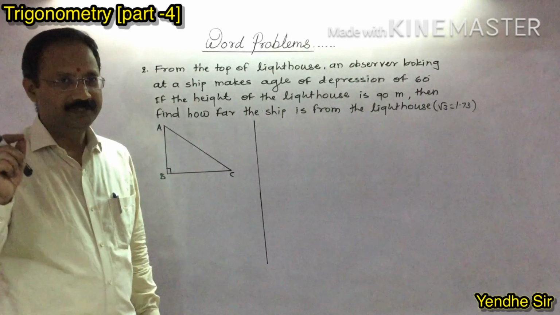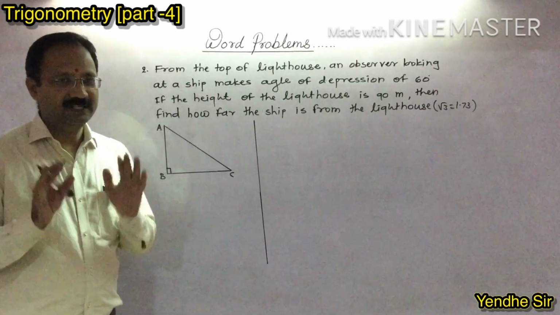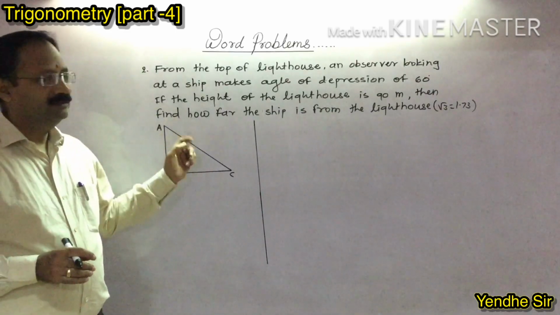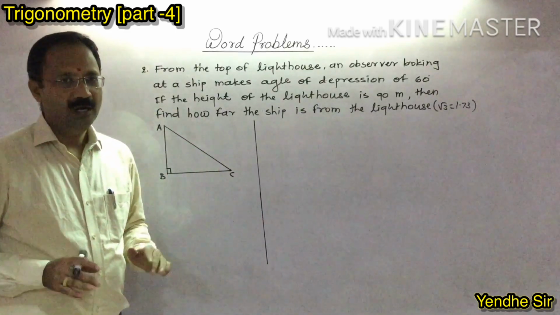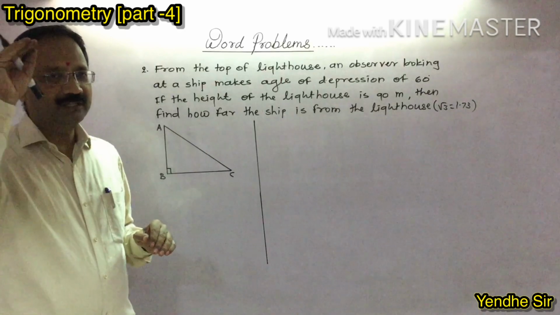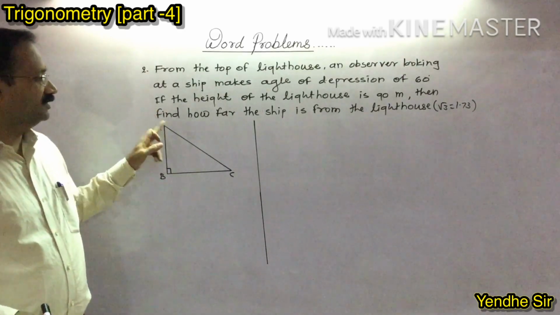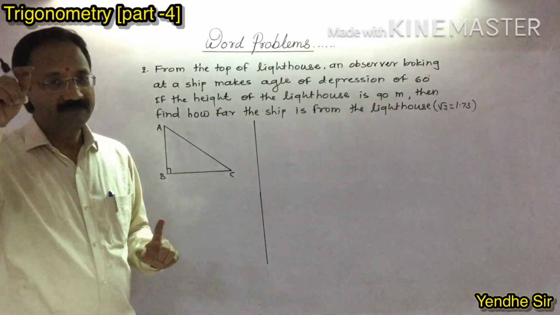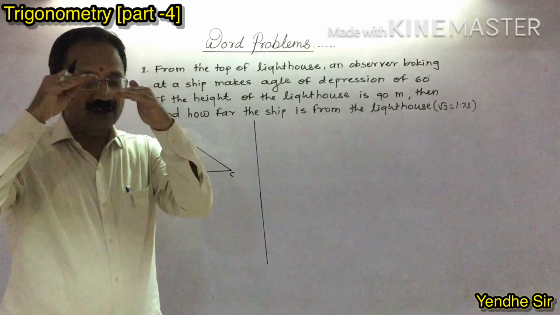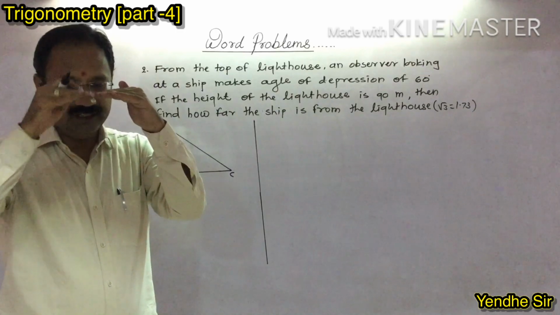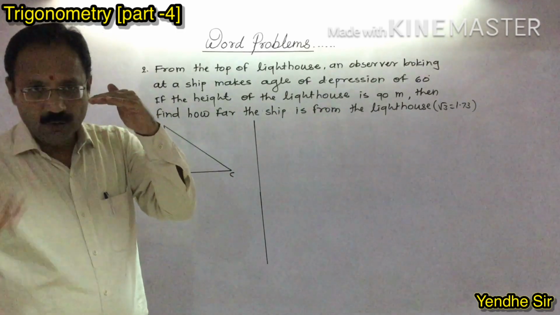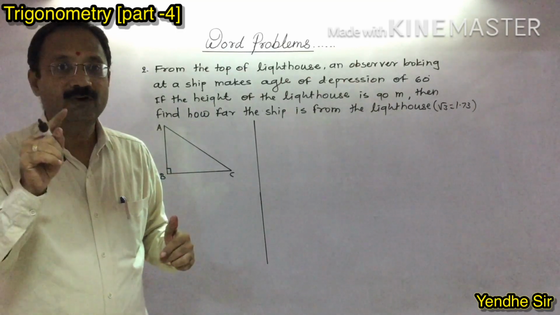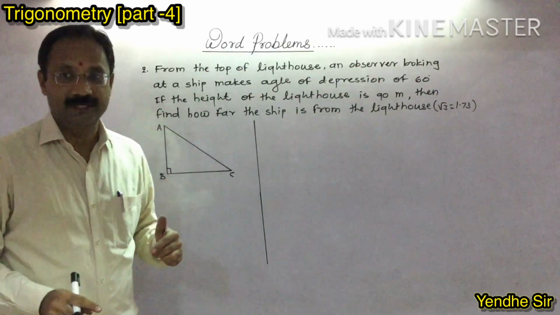Let's start with the second example. In the second example, a lighthouse is given and a ship is given. A person who is on that lighthouse is observing the ship. I told you that if a person is on a height and is observing the lower part, at that time you have to draw the line of vision and the angle of depression.